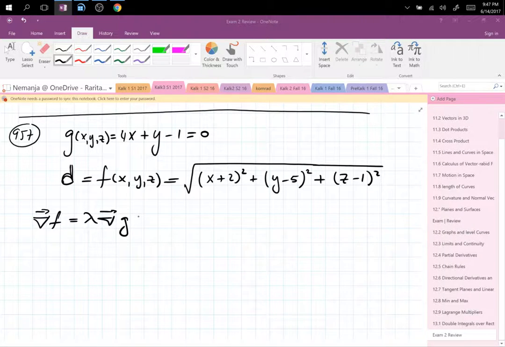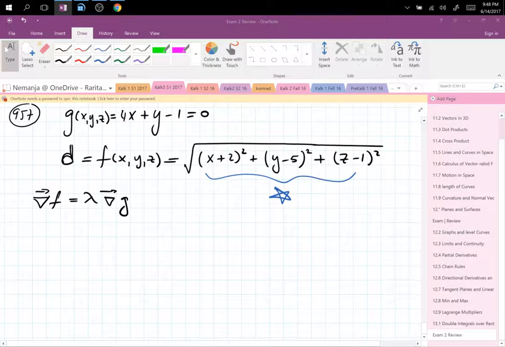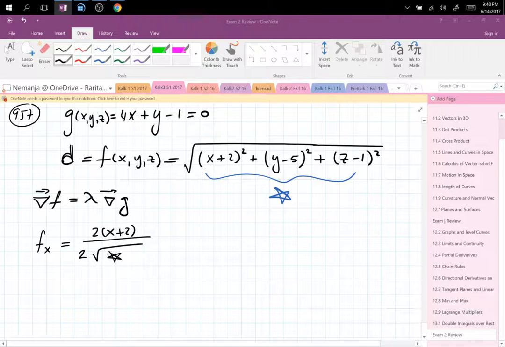So we are supposed to take the derivatives. I am going to call this square root here a star, because I will have to write it 5,000 times. Our fx is going to be the derivative of the inside, which is 2x plus 2, divided by 2 times the square root of a star, and the 2's drop.